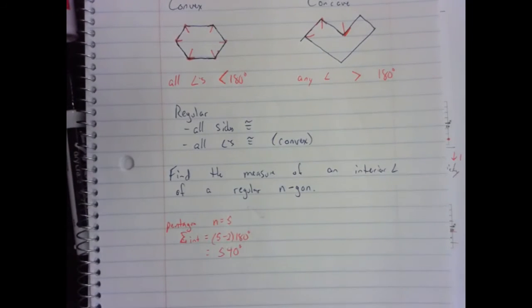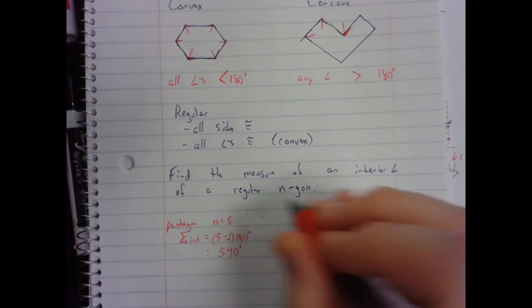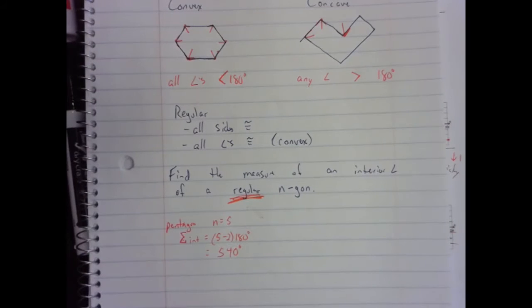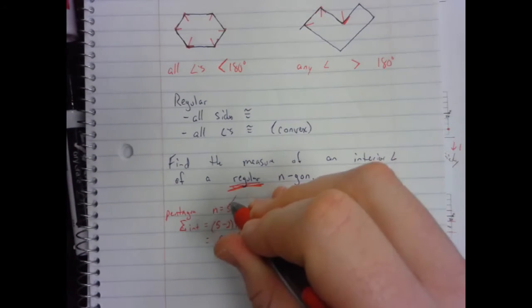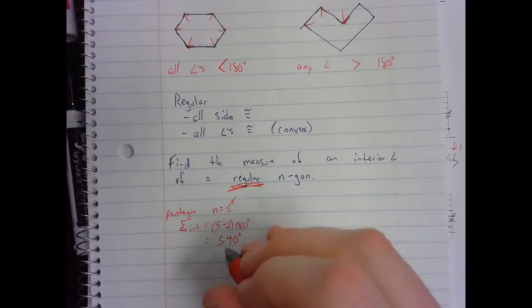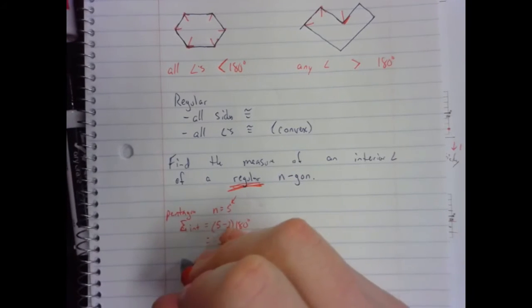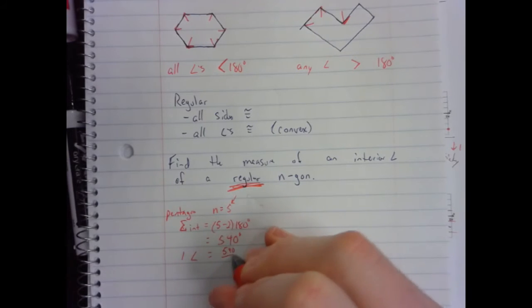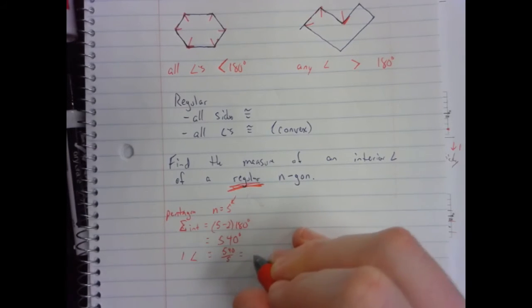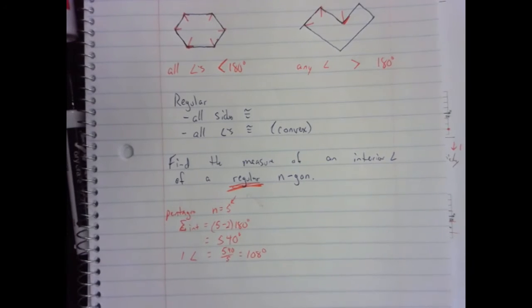So I know all the angles inside the pentagon have to add up to 540. Now here, because it's regular, extremely important word, I know that all the angles are congruent. And how many angles does a pentagon have? Well, it has 5. So if I do 540 divided by n, so just one angle, equals 540 divided by 5, I find that they're each 108 degrees.